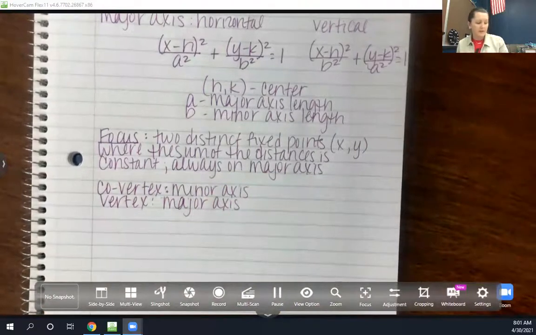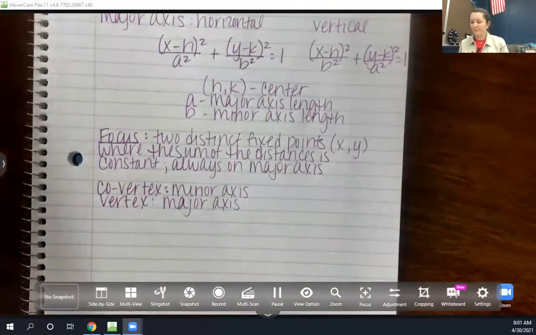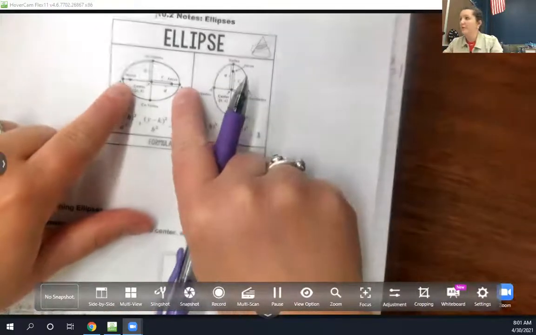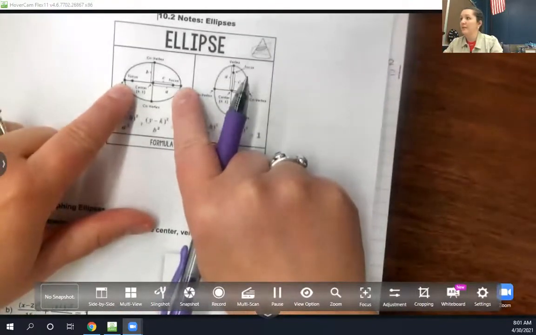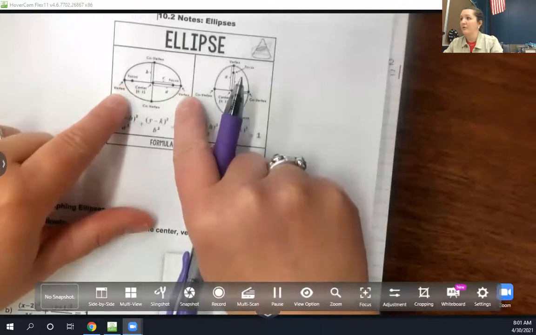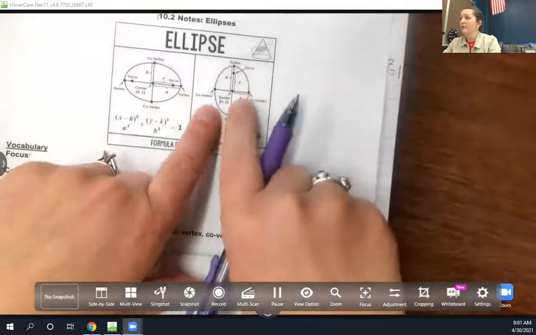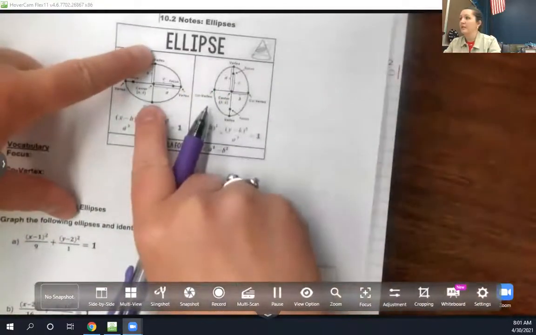Looking at our points here, your vertices are these two points, so it's that distance a from your center. And then your co-vertex is your distance b from your center, okay?